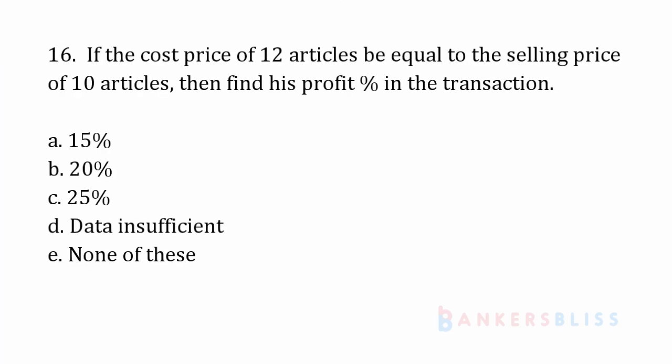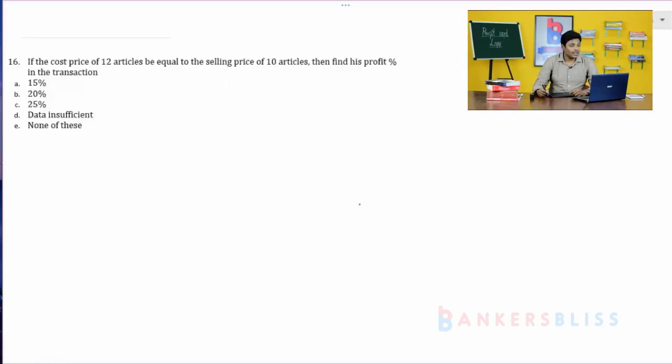If the cost price of 12 articles is equal to the selling price of 10 articles, then find his profit percentage in the whole transaction. Till now, in the problems we have solved, the number of units was the same: one bike purchased, one bike sold.